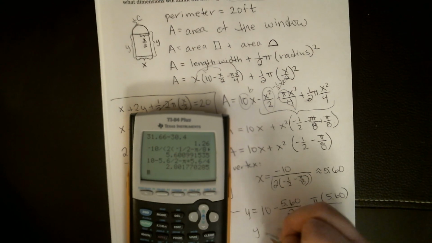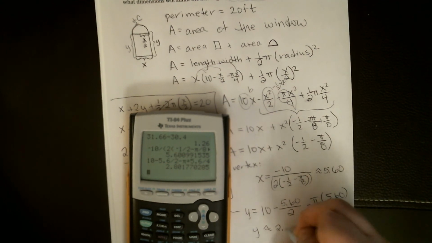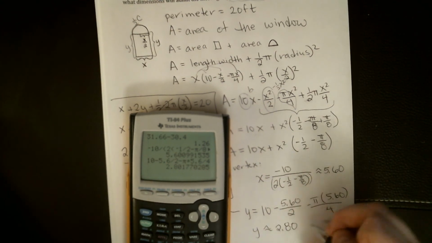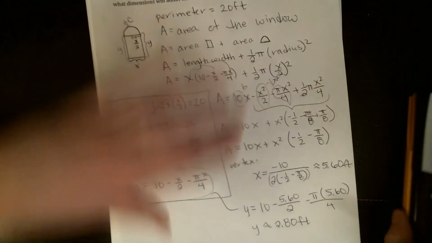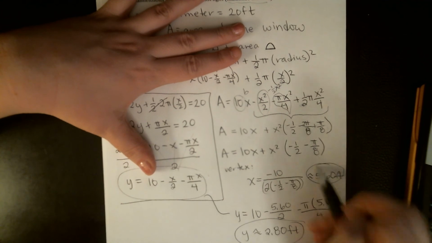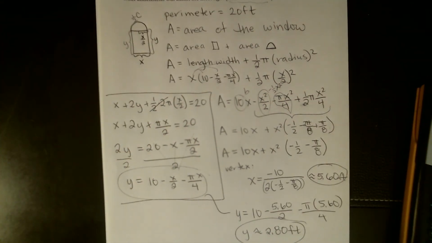And I get that y is about 2.8. And this should all be in feet, since the units we started with were feet. Okay, so the base of the window should be 5.6 feet, and the height of the rectangular part of the window should be 2.8 feet.